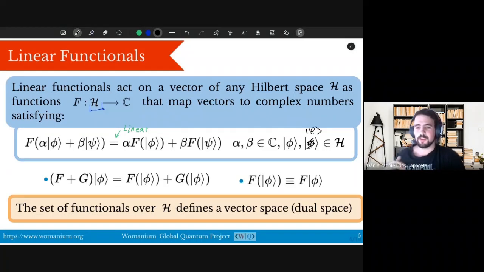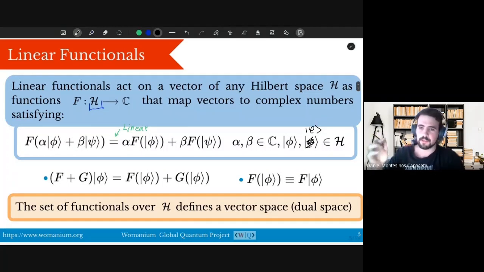If you take your set of different linear functionals, you can create another vector space, and a vector of that space will be a linear functional. And if you have a Hilbert space H, you can define the space of linear functionals acting on that Hilbert space, and that's usually called the dual space.